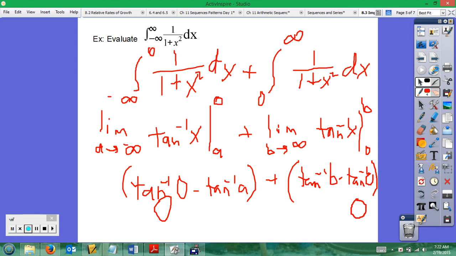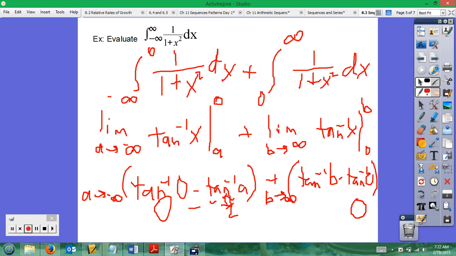For the tan inverse of negative infinity, because we're having a approach negative infinity, I'll let you maybe play around with your calculator or check that out, or think backwards with the unit circle, but that would actually be negative pi over 2. So we have minus negative pi over 2. Here, the tan inverse of b, remember, is going towards infinity.